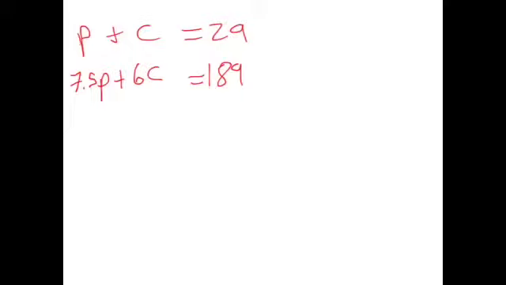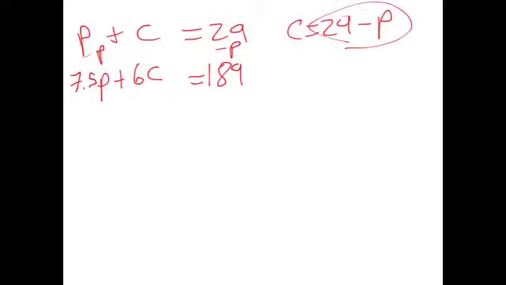So let's get started. I notice here that I can actually solve for one of those variables rather quickly, and that can make my job a little bit easier. I'm going to solve for C, just because I know that my coefficient on P in my other equation, 7.5, won't be really easy to distribute. So I'm going to subtract P from both sides on this first one to get C, the number of hours washing cars, is equal to 29 minus the hours spent walking pets.